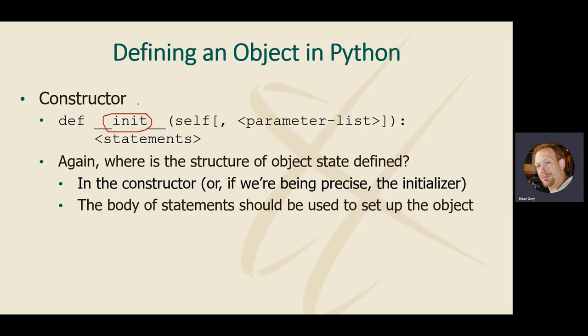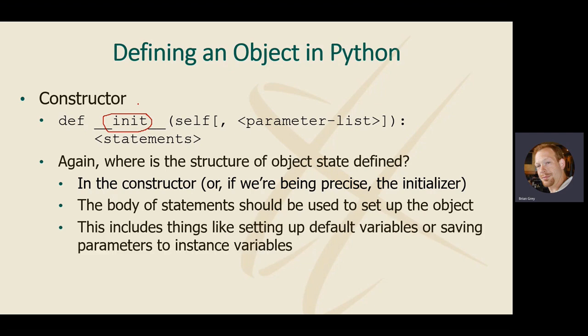So the body statements of our constructor, their primary purpose and potentially sole purpose, is to set up the object. And it includes things like setting up default values or saving any parameters passed in to instance variables. This is super crucial in object-oriented programming in Python because Python is an interpreted language.